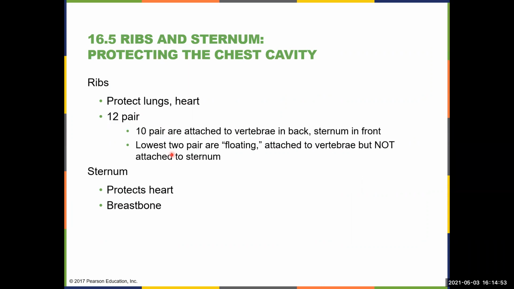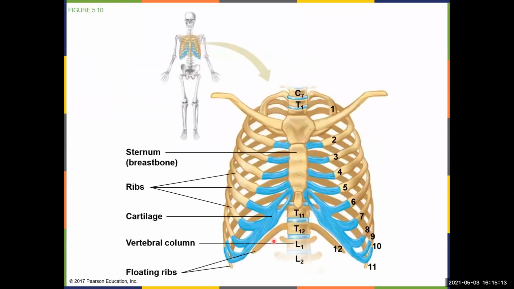The lowest 2 pairs are attached only to the vertebrae, but not the sternum, and they're known as our floating ribs. And the sternum is basically the breastbone in the front of your chest, and it serves to be a hard structure to protect your heart.